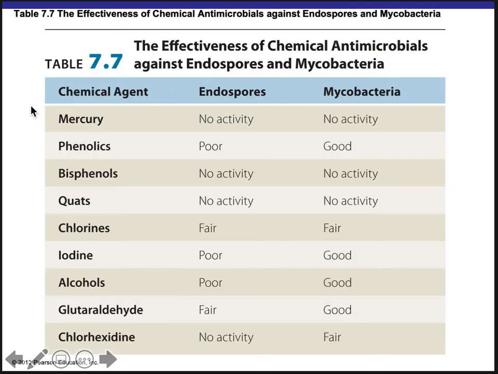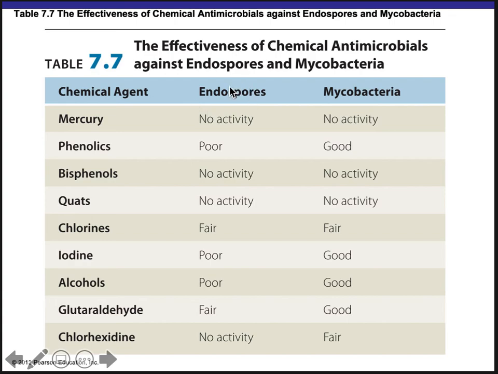Here's a summary of the effectiveness of chemicals against endospores particularly, and mycobacteria. Remember, mycobacteria have that mycolic acid. They're a little more difficult to kill than regular bacteria, and tuberculosis is an example, right?